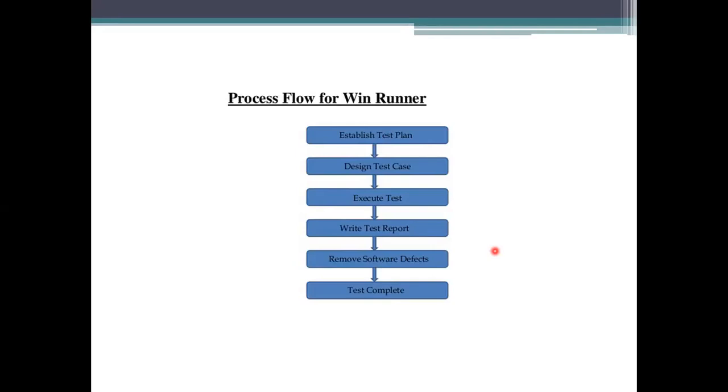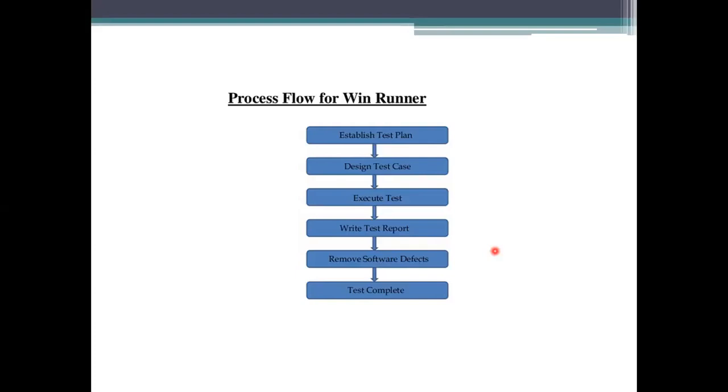This designed test case has to be executed, and we must write a test report here. This execution step will include the debugging of that processing, and also any updations made for that representation. So if it has that, we need to write the test report there.